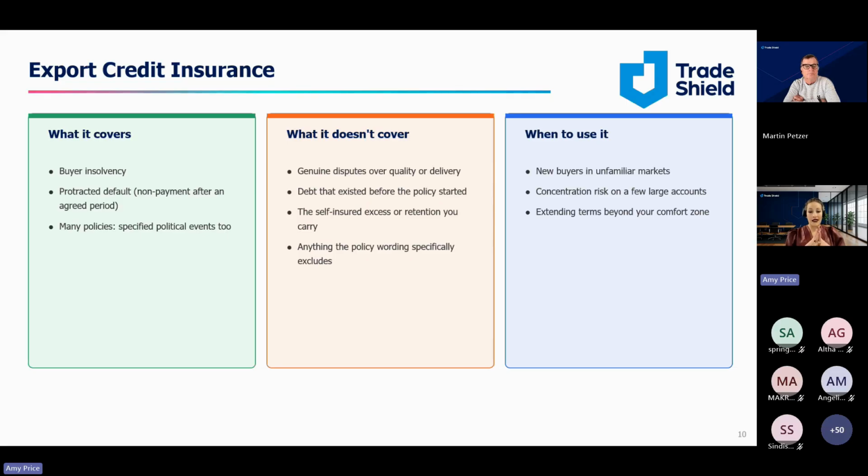But here is where I want to show you that you want to slow down a little bit. You actually want to read the policy wording as well. So I know lots of people get a whole document with lots of T's and C's, but you really want to pay attention to what they are saying in those terms and conditions, because it can say that we'll only cover you if certain things happen, and this will then cancel out your cover, or we'll only pay you a certain value if this happens.